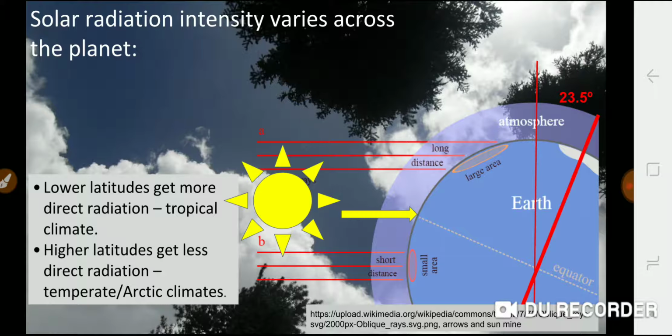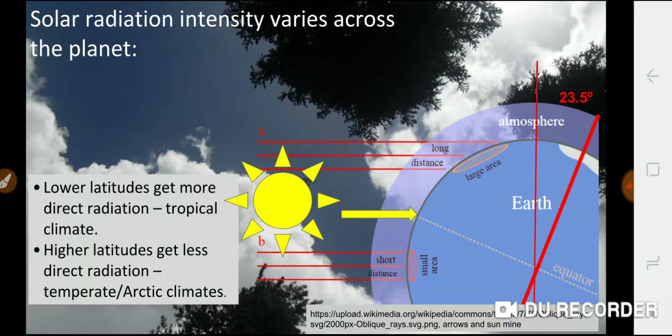So as we were discussing in the last video, when talking about the definition of ecology, the abiotic factors related to ecological systems are largely associated with where you are on the planet in latitude or elevation.